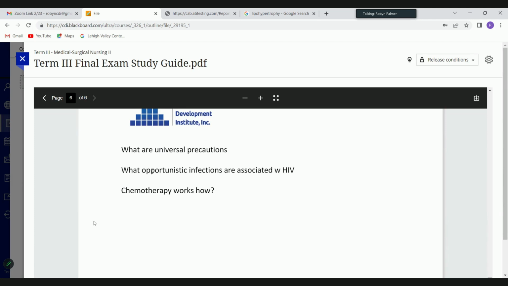What opportunistic infections are associated with HIV? Kaposi sarcoma, pneumocystic pneumonia, and thrush. Those are three types of opportunistic infections.